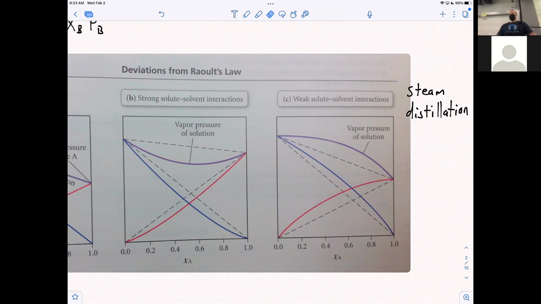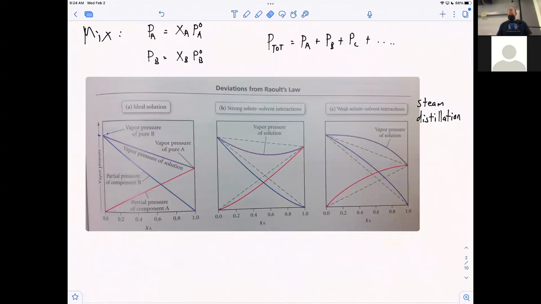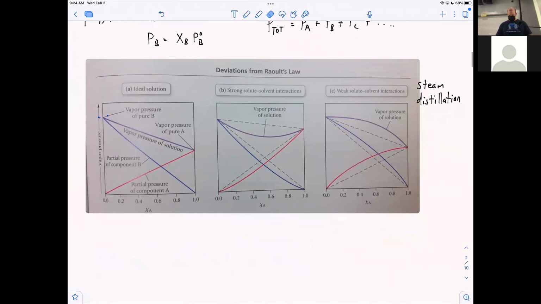So you can really concentrate out those fragrances. That's using steam distillation. That way you don't have to heat it up to, I don't know, 500 Fahrenheit, a couple hundred Celsius, and if you do that, you might damage whatever you have in there. Did you ever wonder how that works for fragrances?